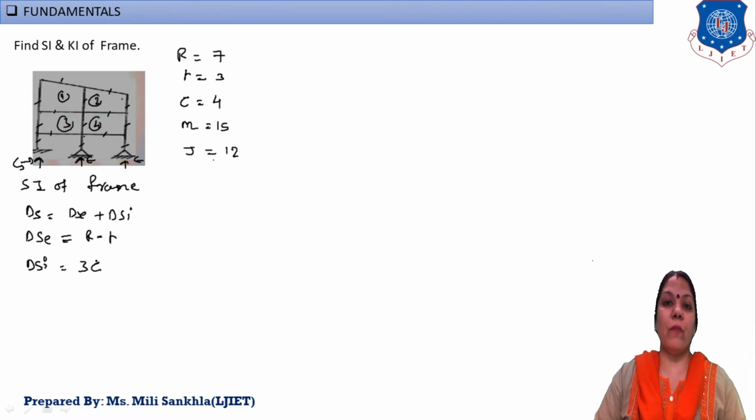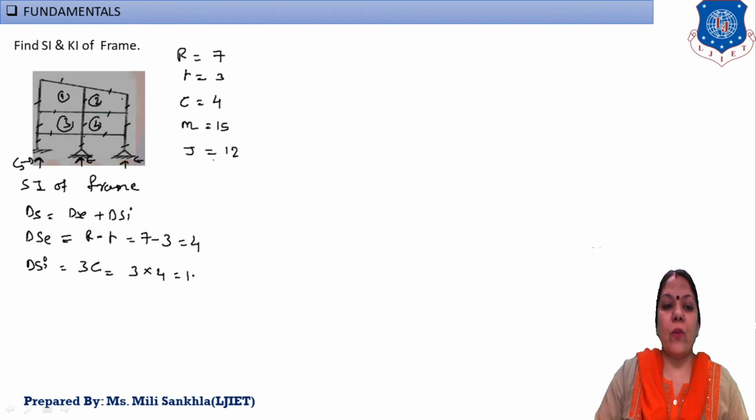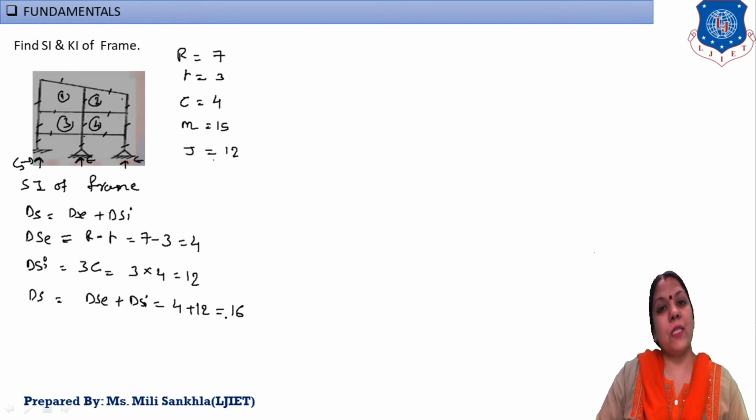Now one by one put the values in the equation. Capital R is equal to 7, small r is equal to 3, 7 minus 3 is equal to 4. Dsi is 3c, cell area is given 4, 4 3s are 12. Now ds is equal to dse plus dsi. Dse is 4 and dsi is 12. 12 plus 4 is equal to 16.